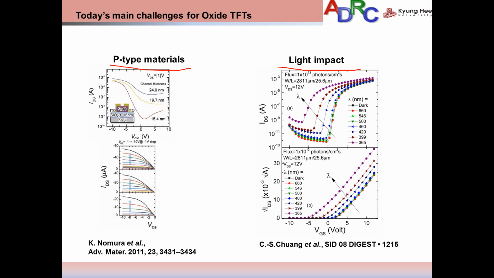Also, in the case of this P-type, here is tin oxide. Tin oxide usually is N-type, but by certain process conditions it's possible to make it P-type. And so, depending on the channel thickness, the smaller the better the TFT characteristics. But as I mentioned before, the mobility is very poor.